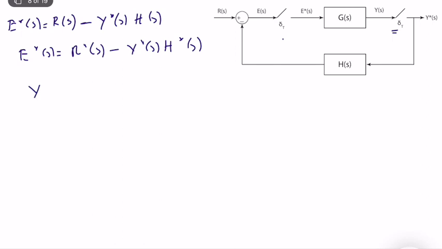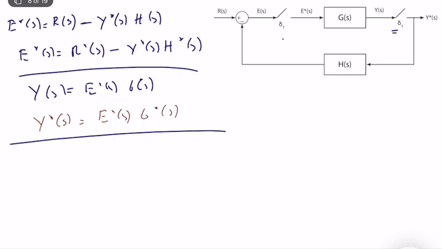Now Y of s is equal to E star of s times G of s. That's good. So it means that I can take the star. Y star of s is equal to E star of s times G star of s. This is Y star of s. What is E? Y divided by G star of s.